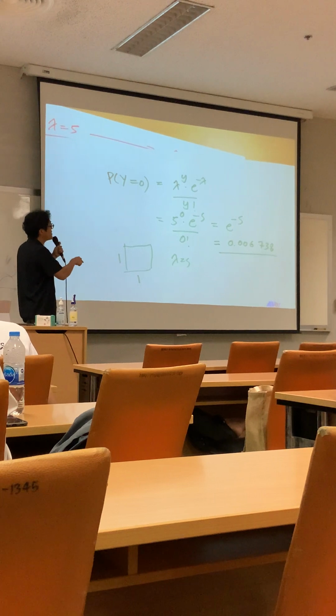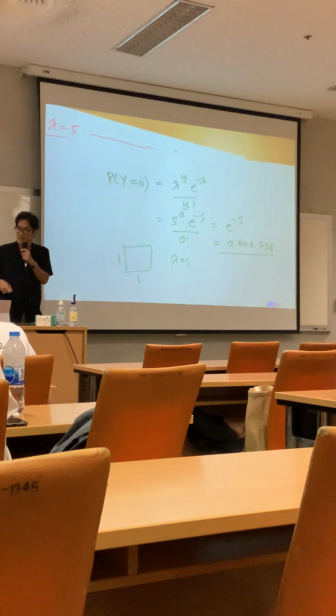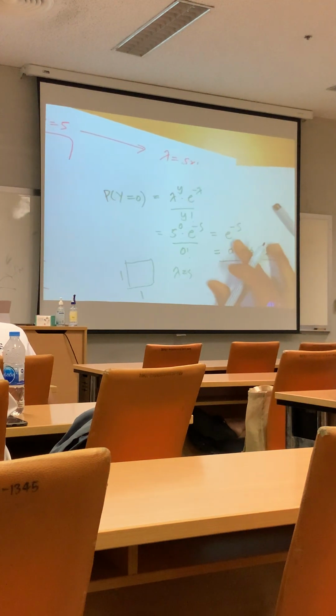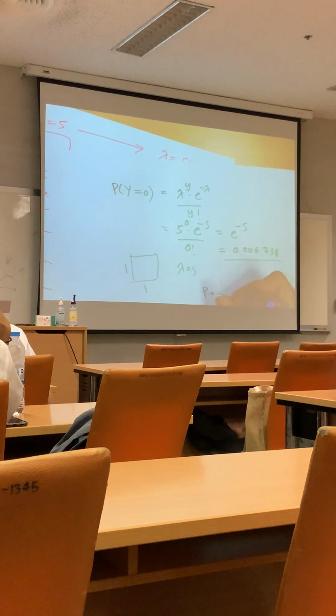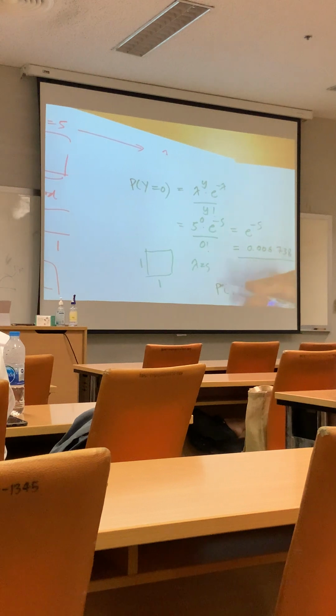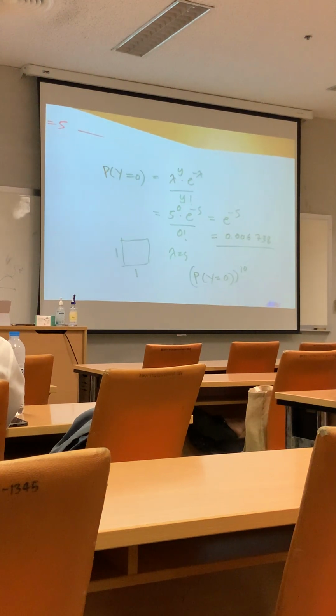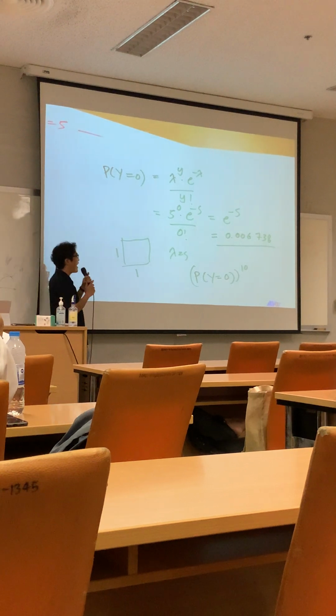The correct answer is not to change lambda to 50, but instead you have to do this. The answer will be the probability of y equal to 0, raised to the power of 10. Why?